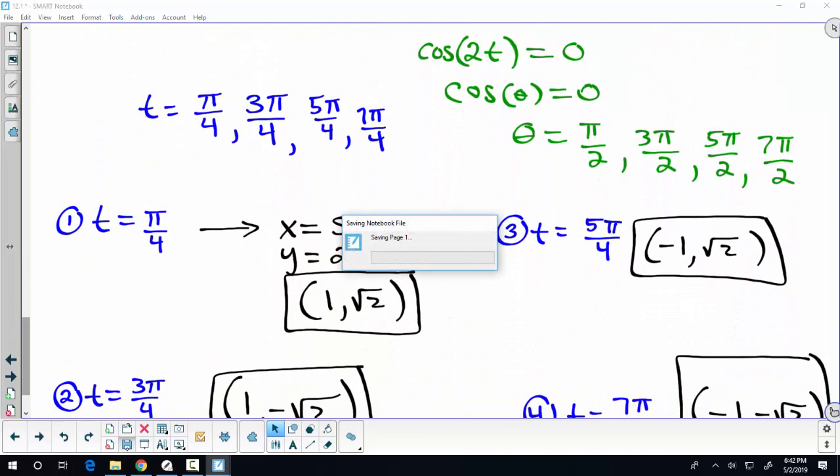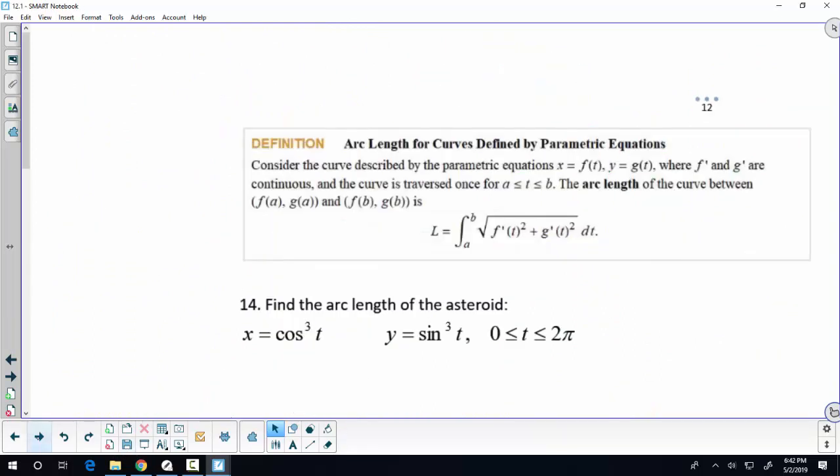Okay, we've got one more topic with parametric equations, and that is arc length. We'll skip the derivation, but the arc length in parametric form is defined as the integral from a to b of the square root of f prime of t squared plus g prime of t squared, where f prime of t is x prime with respect to t, and g prime of t is y prime with respect to t.